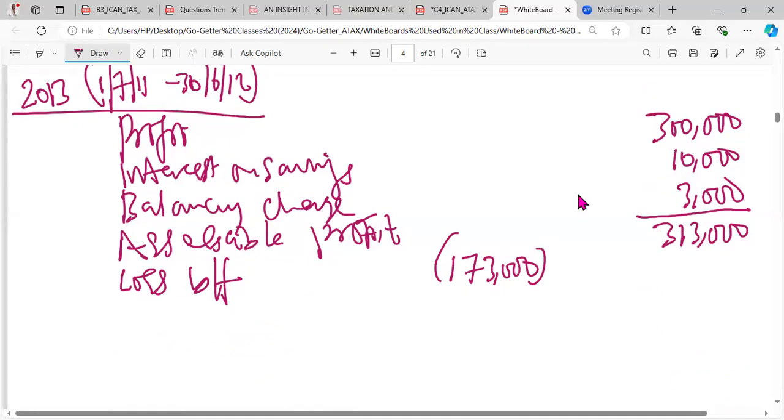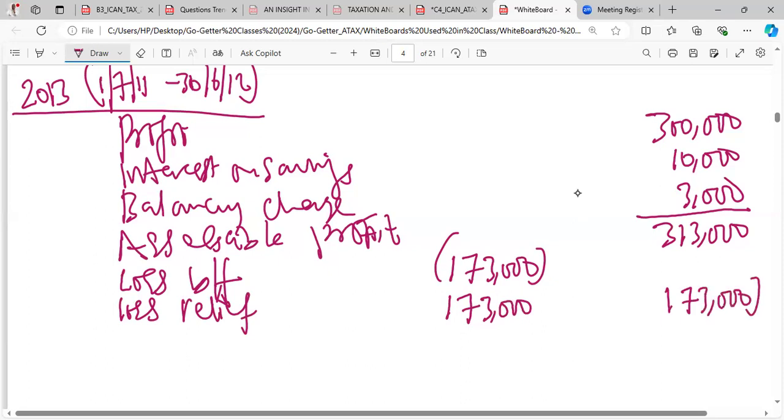Can we relieve it? Yes. Loss relief 173,000. Notice this is positive now, this is negative.